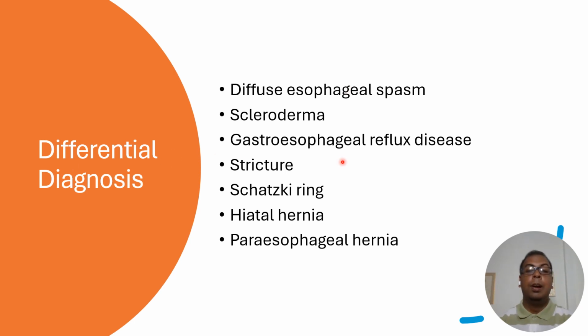And there's other causes of achalasia that we could consider, and these are mostly mechanical causes of dysphagia. Gastroesophageal reflux disease, which could lead to strictures and so on. Strictures themselves, the Schatzki ring, hiatal hernia, and paraesophageal hernia.